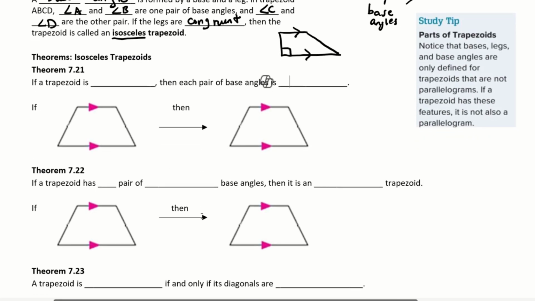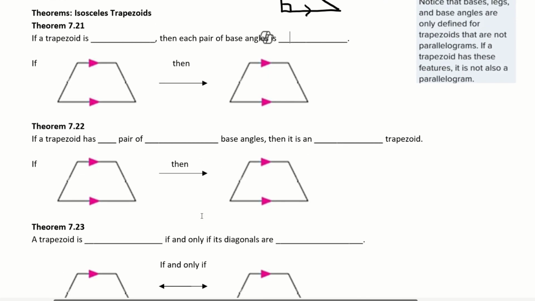All right, so let's look at Theorem 7.21 for some of the properties. Okay, so if a trapezoid is isosceles, again, what is isosceles? Isosceles is when the two legs, the two sides that are not parallel, are congruent. Okay, so if it's isosceles, then each pair of base angles is congruent.